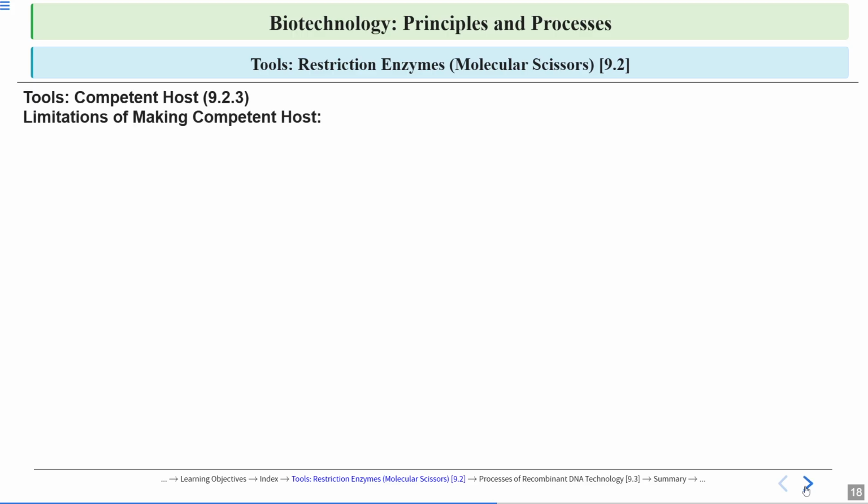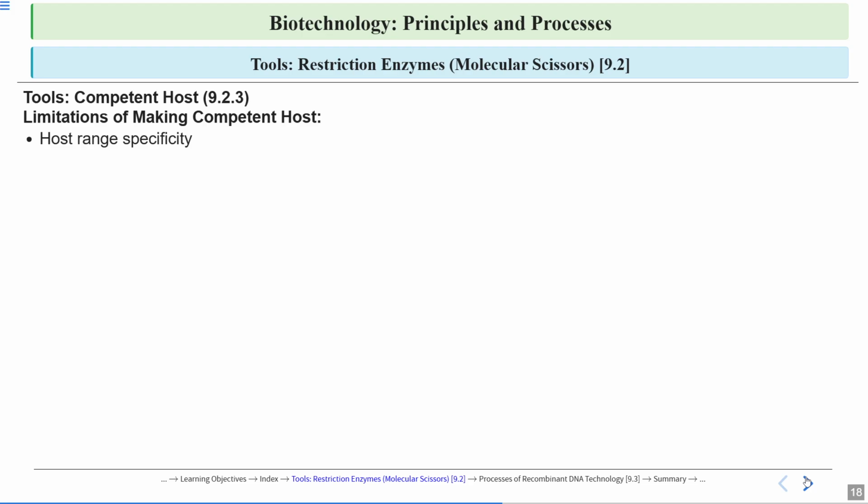Now, what are the limitations of making competent cells? What are the things which limit our research and the scope of this competent host? First is host range specificity.